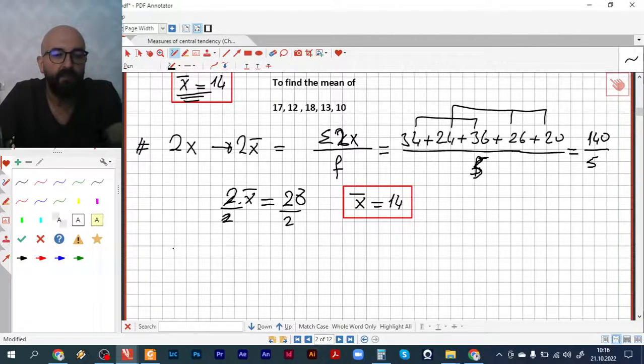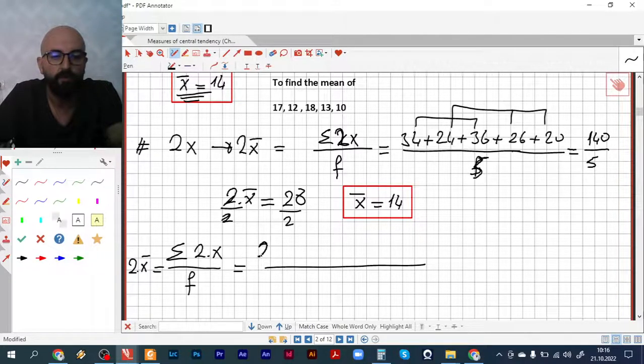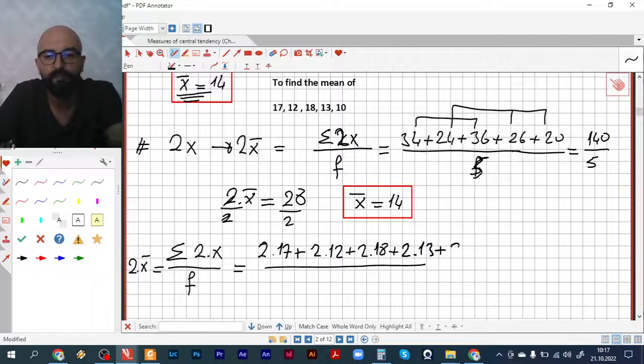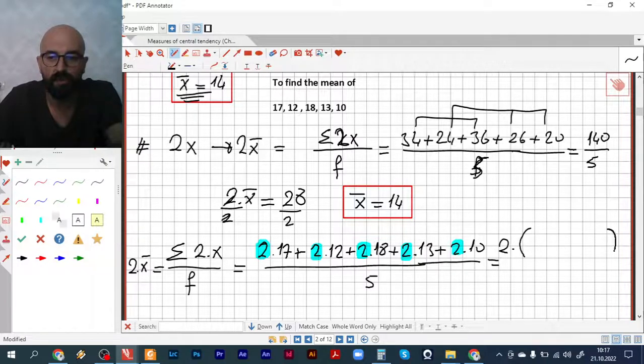If you want to find the sum of 2x over frequency, it's also 2 times the mean. 2 times 17 plus 2 times 12 plus 2 times 18 plus 2 times 13 plus 2 times 10 over 5, so 2 times 17 and 12 and 18 and 13 and 10 over 5.